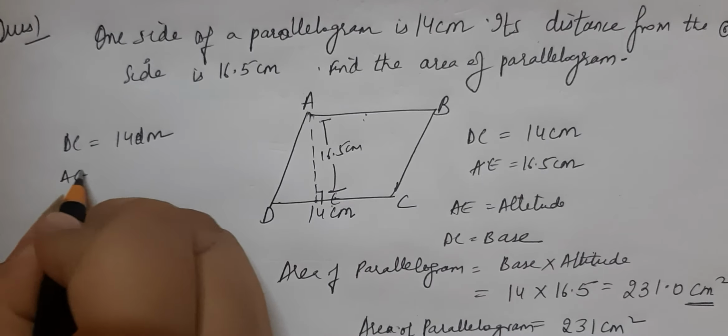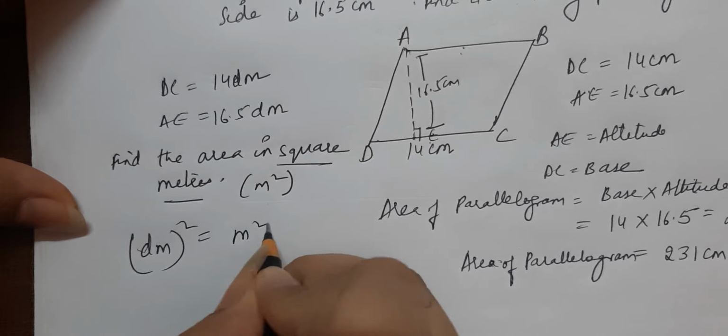So the answer I can find out, but the question further says that you have to find the area in square meters. So what is the meaning of square meters? Square meter means meter square. So here I have to convert decimeter squares into meter square.